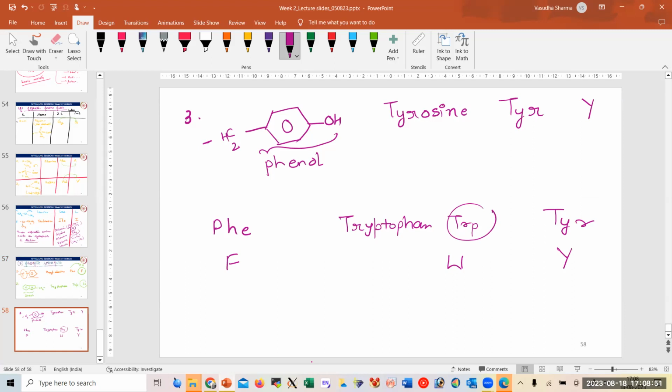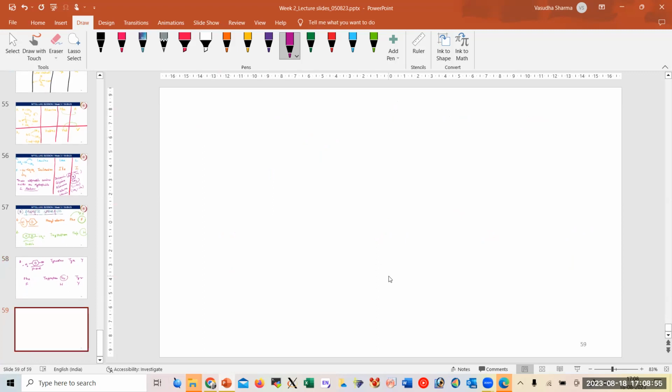Now we will see the polar groups. The third type that we have is polar amino acids.